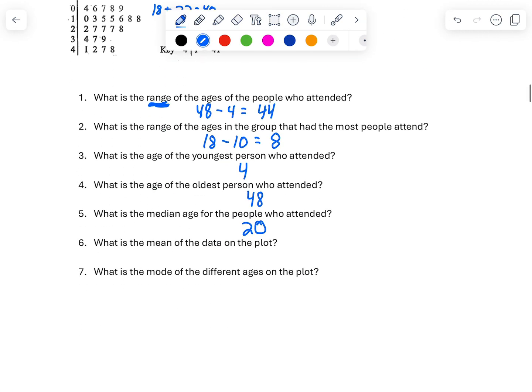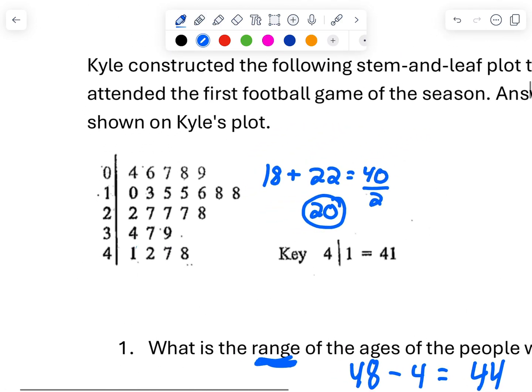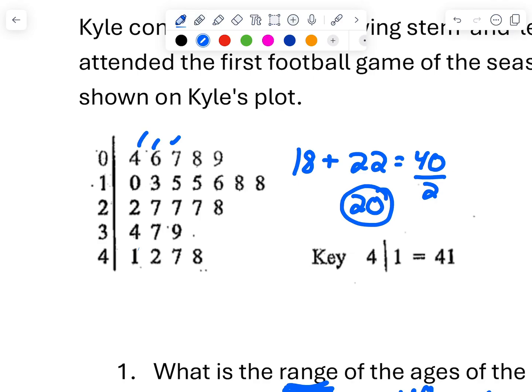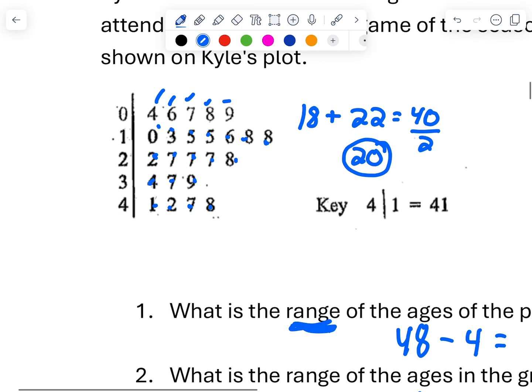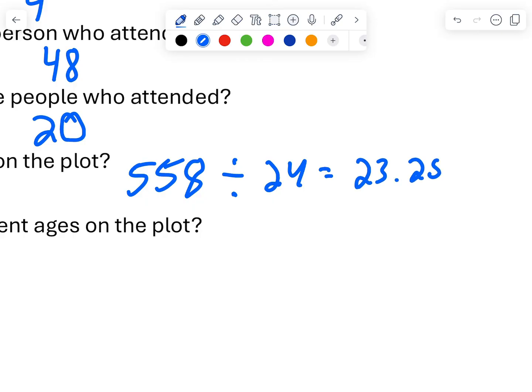When I added them, I got 558. And then we're dividing that by how many we have. How many do we have? I counted 24. So divide by 24. And I got 23.25. And again, you want to include all the decimals for that.